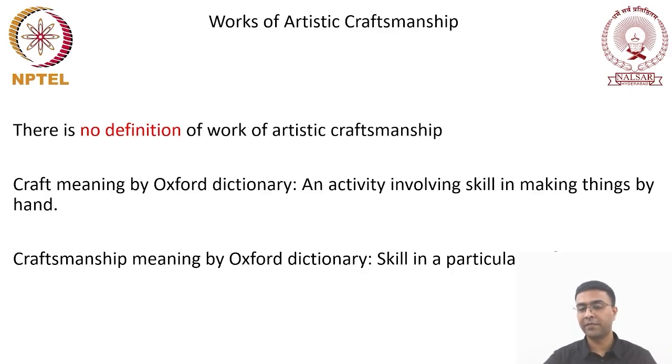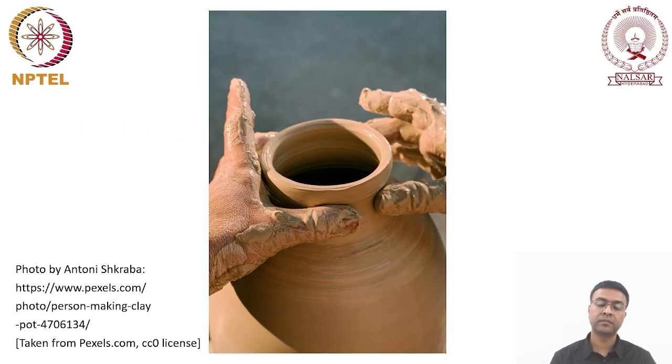A craft is defined as an activity involving skill in making things by hand, and craftsmanship means skill in a particular craft. We had discussed in this sense crafts such as pottery, in which the craftsman showcases his skill in creating a work of artistic craftsmanship.